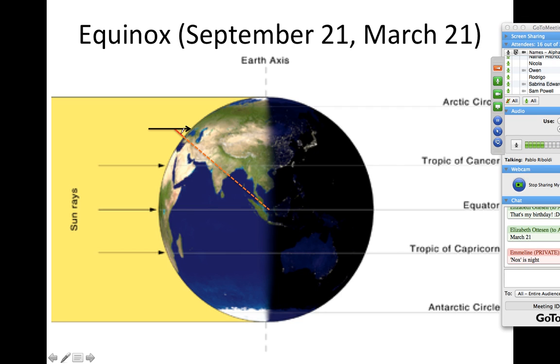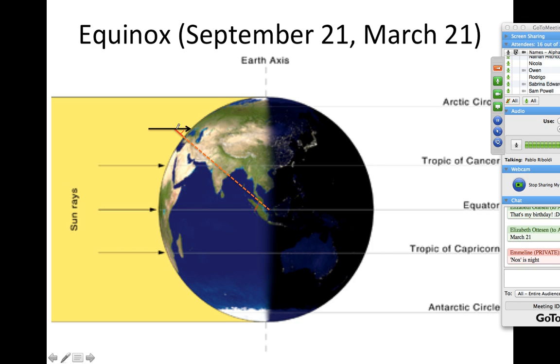So this angle here is going to be equal to this angle. And this angle, between the equator, the center of the earth, and where you are on the surface, is the latitude by definition.